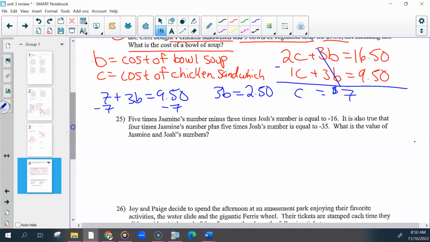And divide. Divide that, tell me what you get for B.